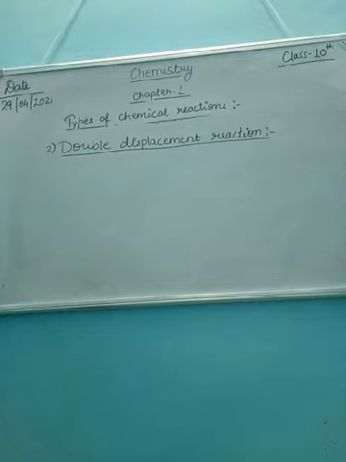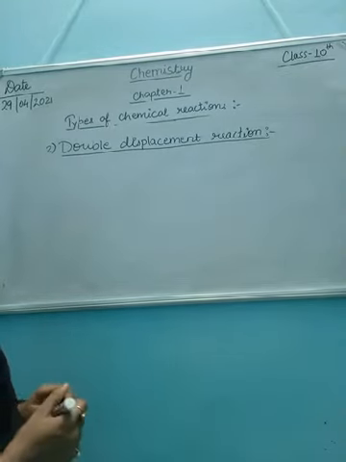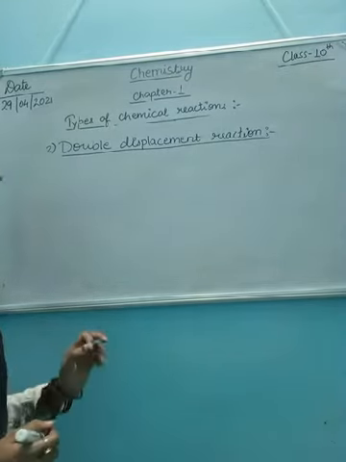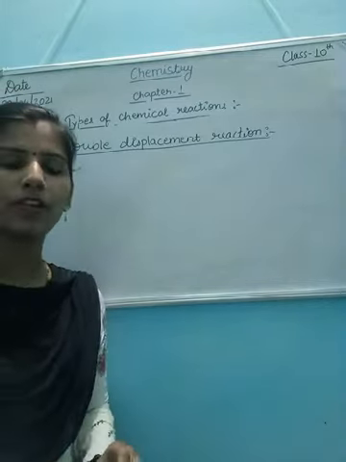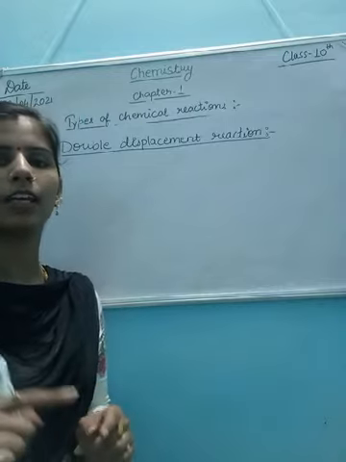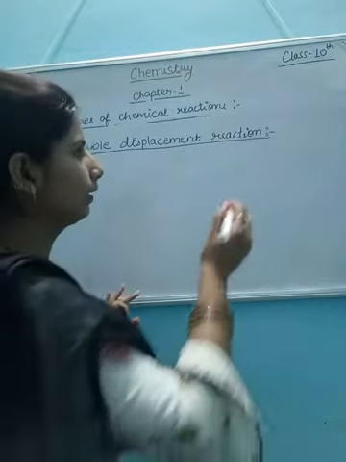A reaction in which exchange of ions takes place between the reactants. Double displacement reaction is a type of reaction in which exchange of ions takes place between the reactants.